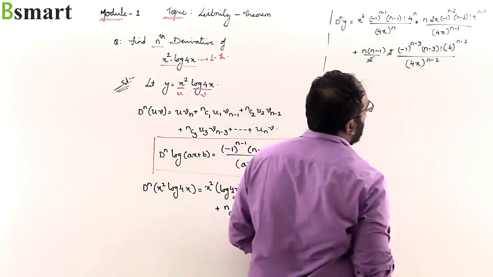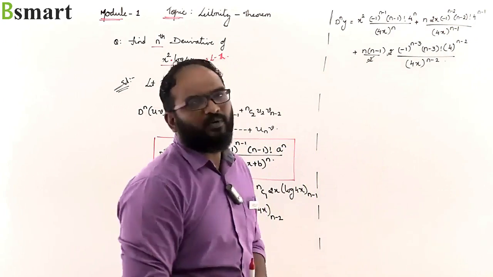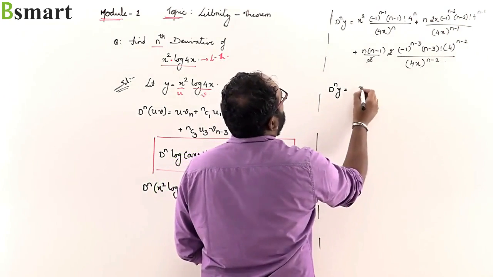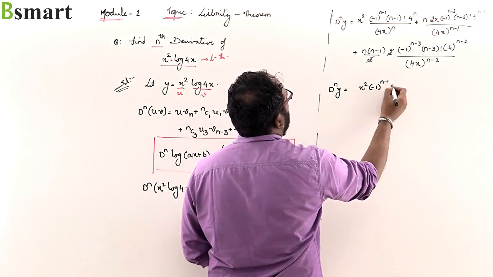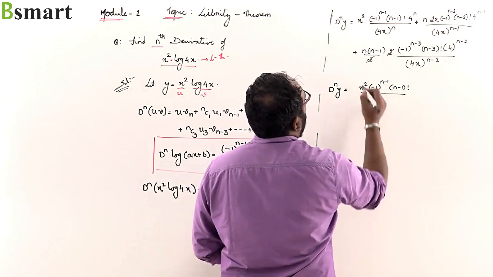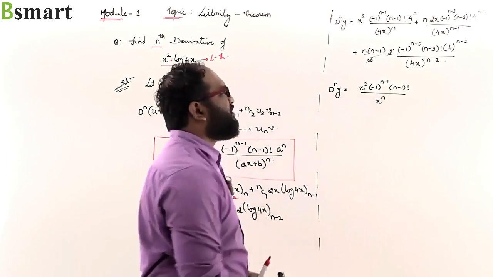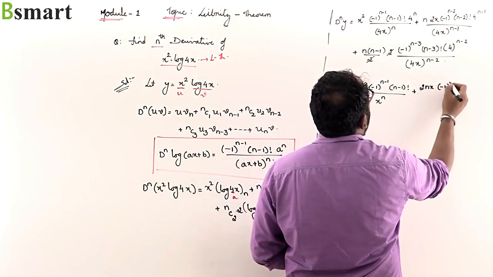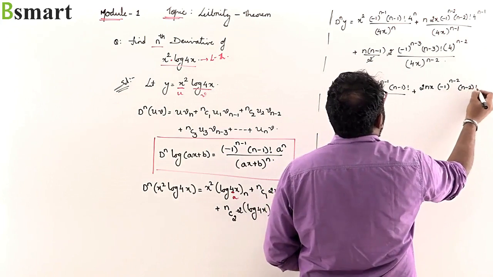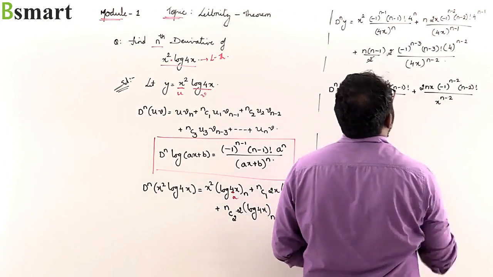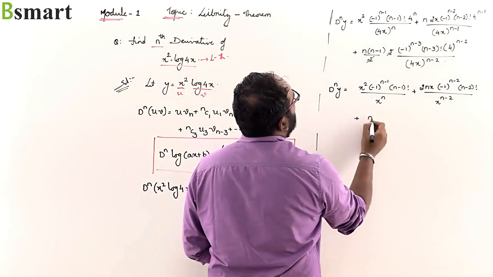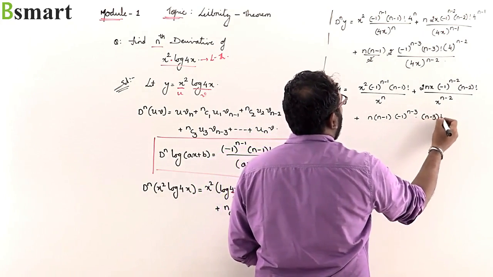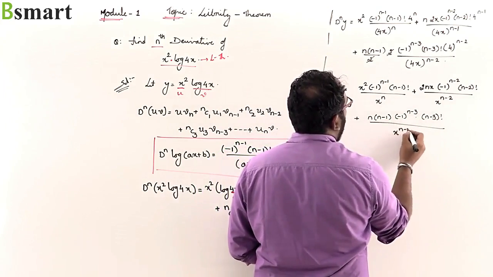So then the nth derivative of y will be x square into minus 1 to the power n minus 1 into n minus 1 factorial by x to the power n, plus 2 and x into minus 1 to the power n minus 2 into n minus 2 factorial by x to the power n minus 1, and again plus n into n minus 1 into minus 1 to the power n minus 3 into n minus 3 factorial by x to the power n minus 2.